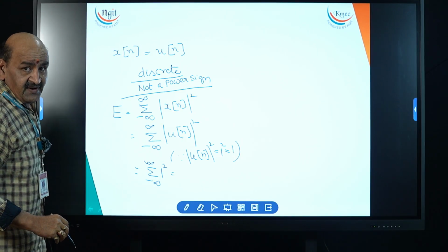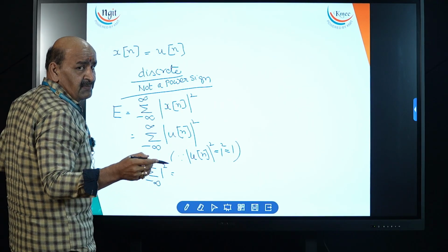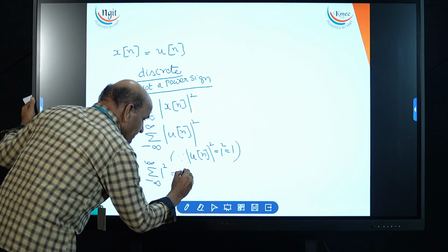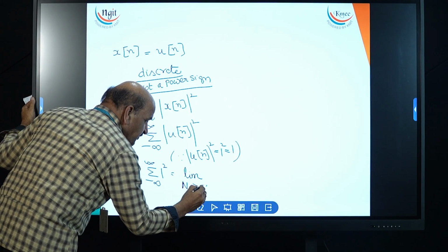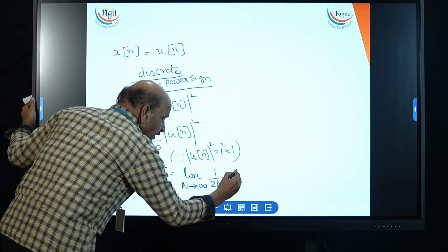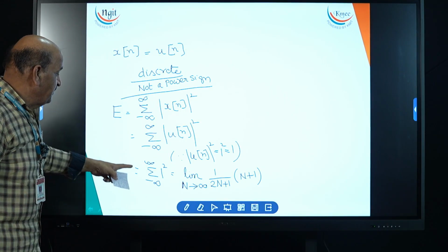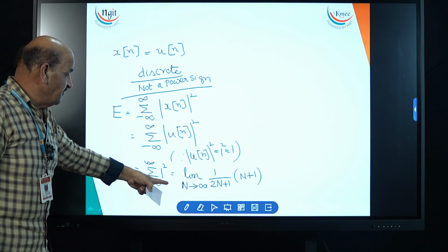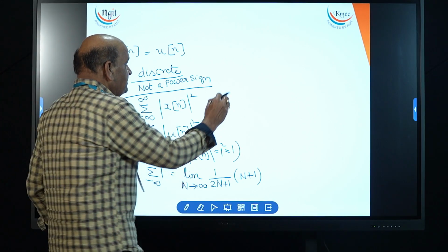Whenever there is a sum of 1, there is a formula. You already did it in Paper 1B intermediate, in limits. The formula is the limit as n tends to infinity of n plus 1 over 2n plus 1 of n plus 1. Whenever you get sigma 1 between minus infinity to infinity, you have to make it this way.